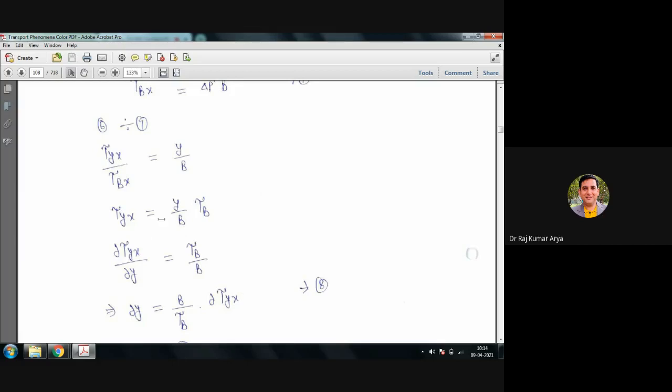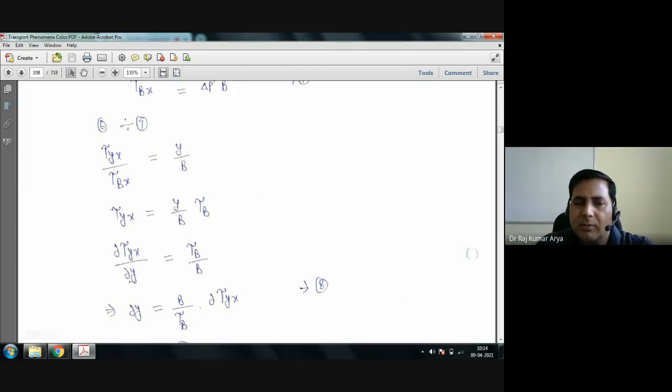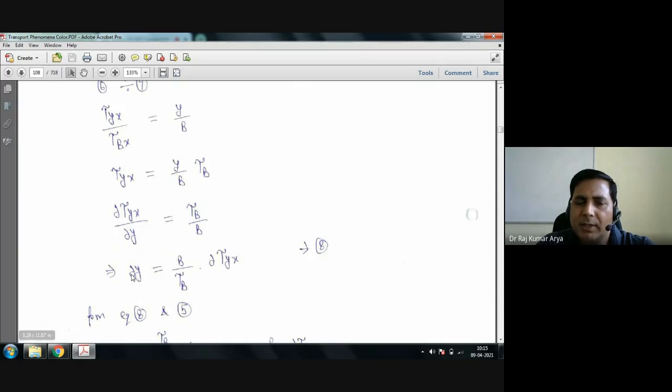You can differentiate it with respect to y. So you get del tau by x upon del y equal to tau b upon b. Differentiation of this, y gets cancelled. So from here, del y equal to b upon tau b del tau by x.